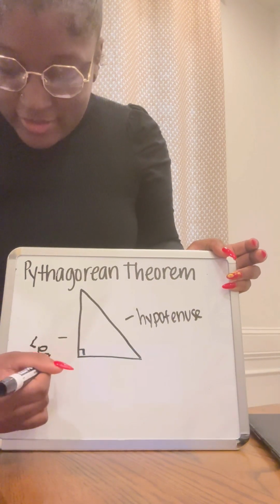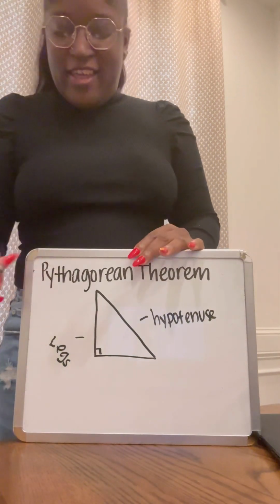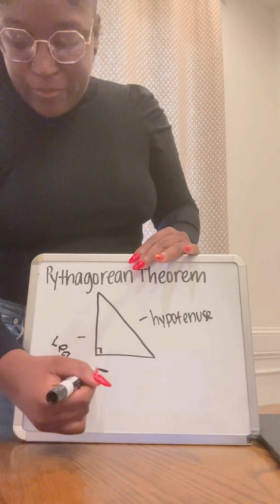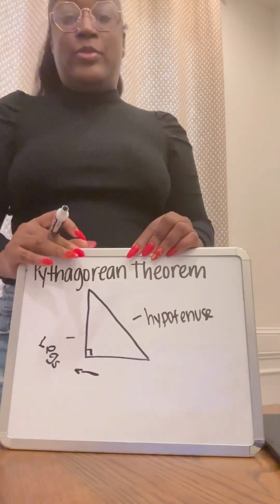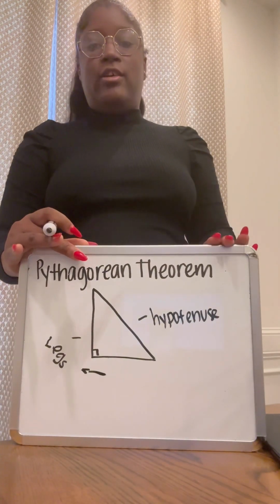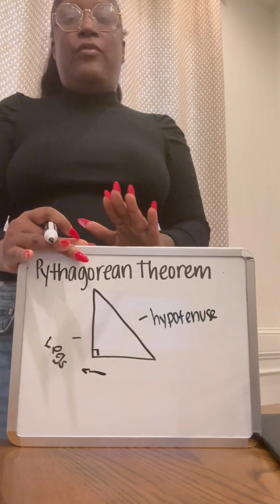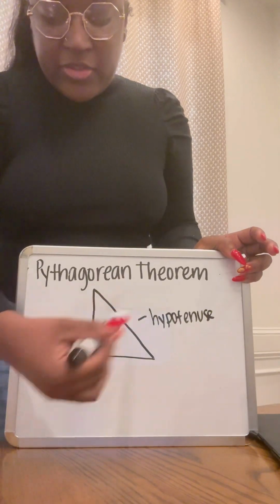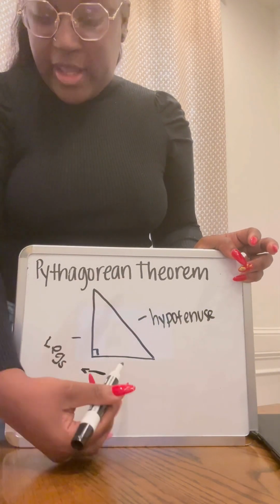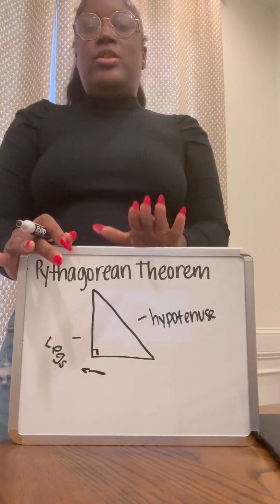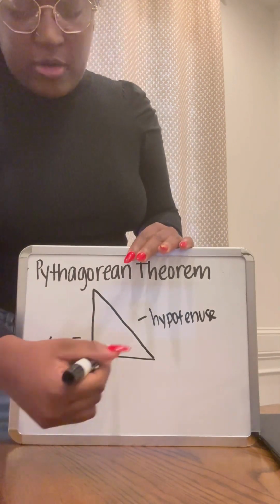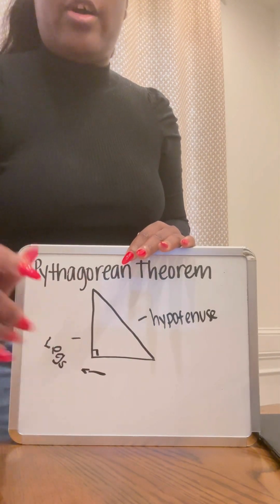Oops, a little sloppy there, but these two sides are called the legs, and this is the hypotenuse. And the Pythagorean theorem is going to be used to find any one of these missing lengths, whether it's one of the legs or whether it's the hypotenuse. So we're going to use this theorem to find out what one of these missing sides is.